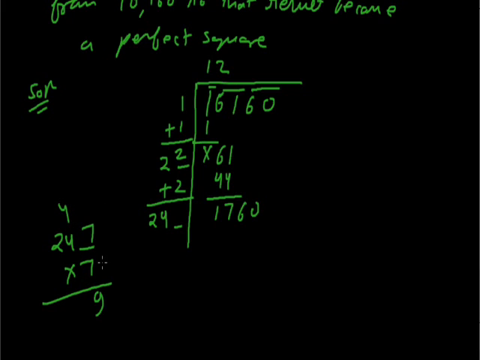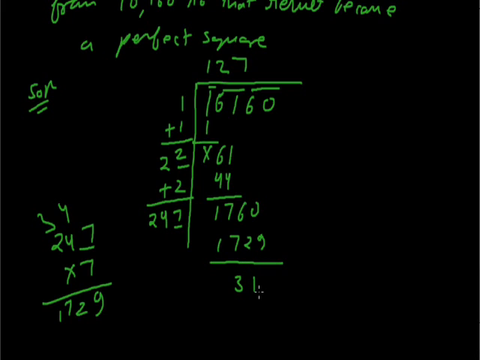I get 4 here. 7 times 4 is 28, 28 plus 4 is 32. 7 times 2 is 14. So I have to put 7 here. I get 1729. Now 1760 minus 1729, I get 31.